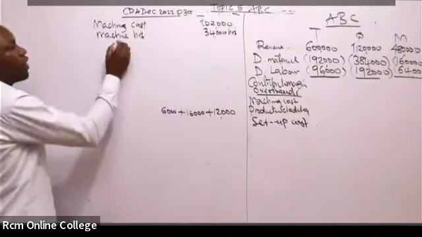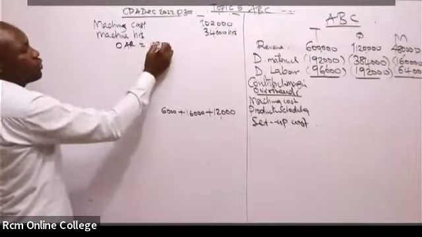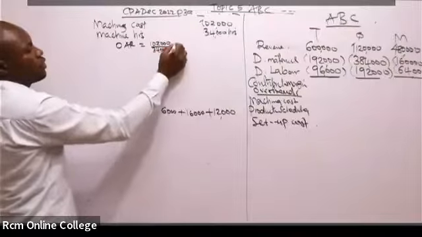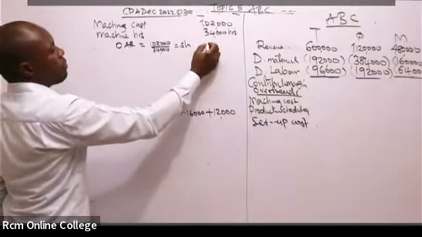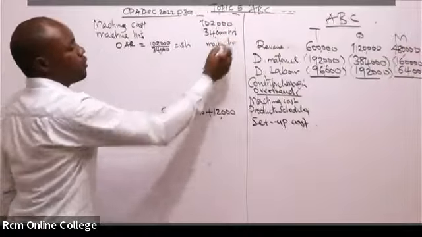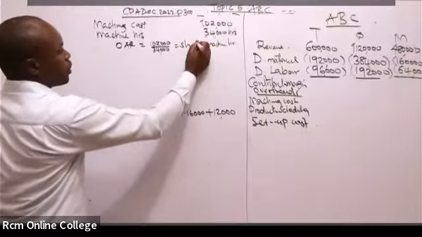Good. So can we get the overhead absorption rate very fast? 102,000 divided by 34,000 shillings per machine hour. How much is it? 3 shillings per machine hour.